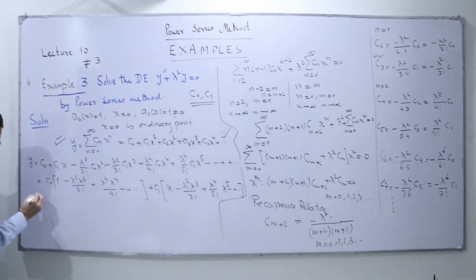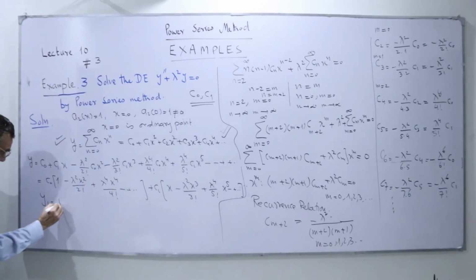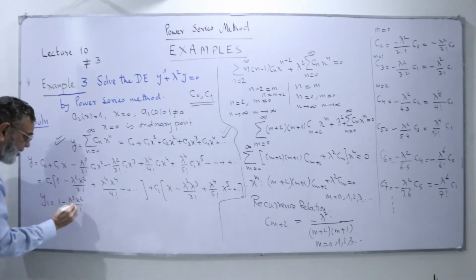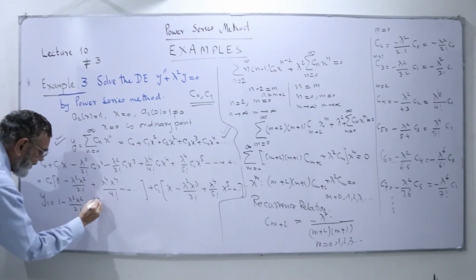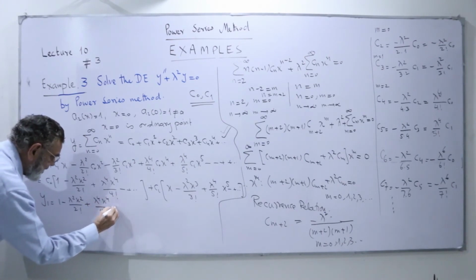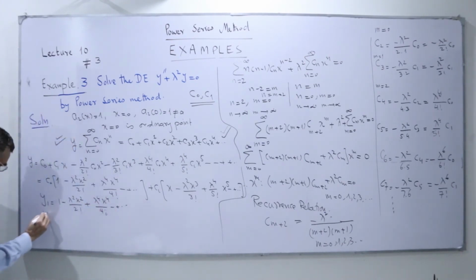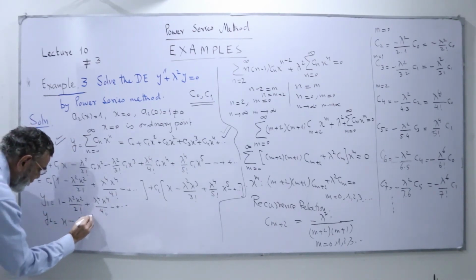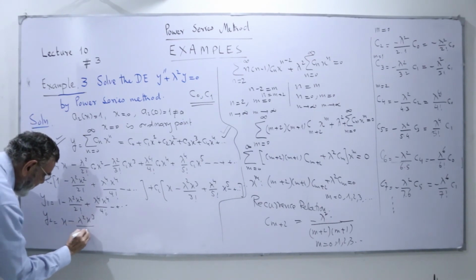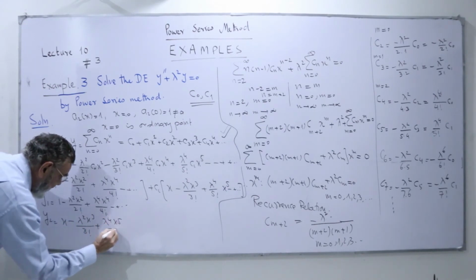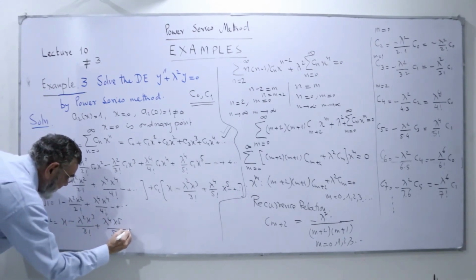This is my y1. My y1 is equal to 1 minus lambda square x square over 2 factorial plus lambda 4 x4 over 4 factorial, and here is minus and plus and so on. My y2 is equal to x, then minus lambda square x cube by 3 factorial, then plus lambda 4 x5 by 5 factorial, minus, plus and so on.